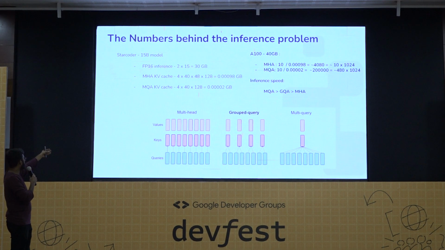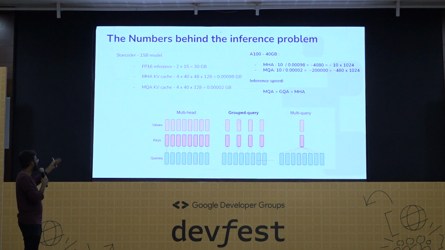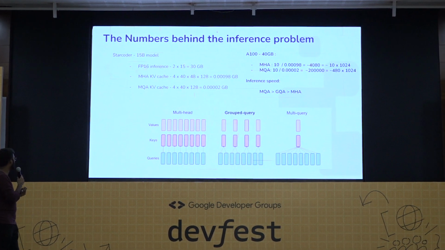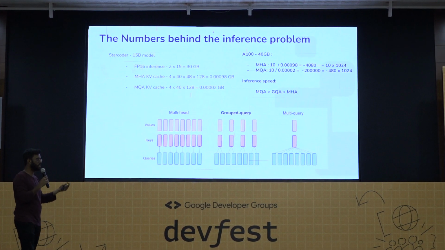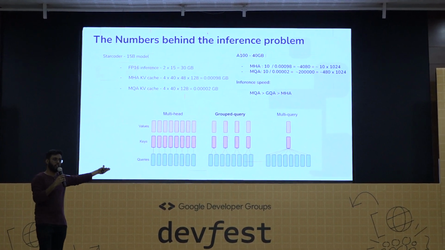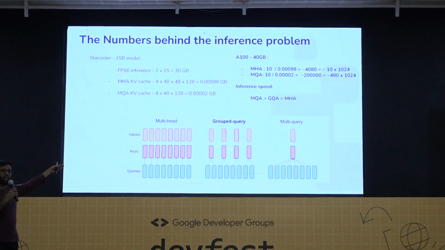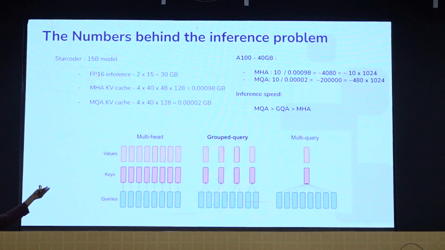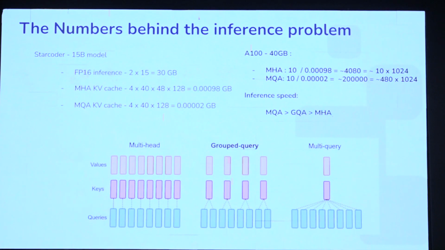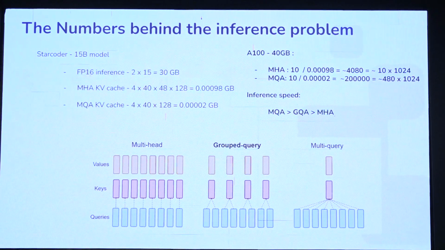So for MHA, multi-head attention, 0.0098 GB is what you require. For multi-query attention, since you are reusing the K and V vectors, we can eliminate one parameter from our formula, n heads, since it is repeated and reused. So it will just be 4 into 48 into 128, which is 0.002 GB.